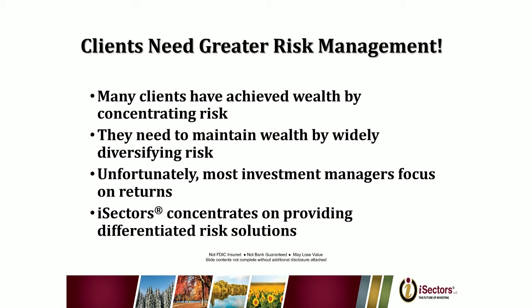But before we get to that, I just want to reiterate what I said before: we have to address the concern that people are not diversified well enough, and that too many people are focused on returns, whereas the most important thing is to focus on risk. We can't manage returns. We can only manage risk.